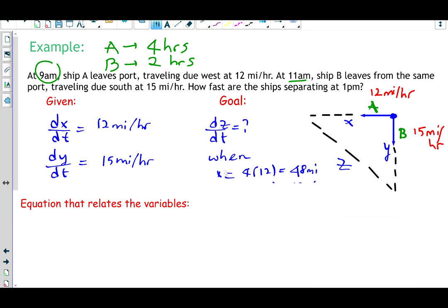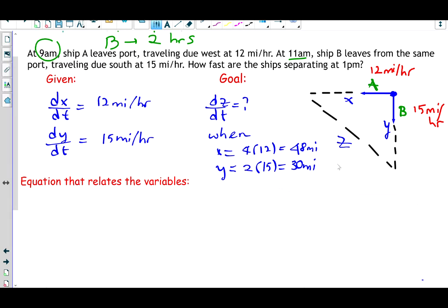So at the moment when x is 48 and y equals, remember B has traveled 2 hours by 1 p.m. So 2 times 15 is 30, so B would have traveled 30 miles over that time period. So they want to know then what is dz/dt at the moment when x is 48 and y is 30. Okay, from this point forward, this problem will be a pretty straightforward question to solve.